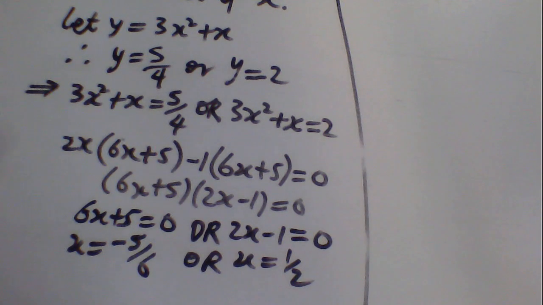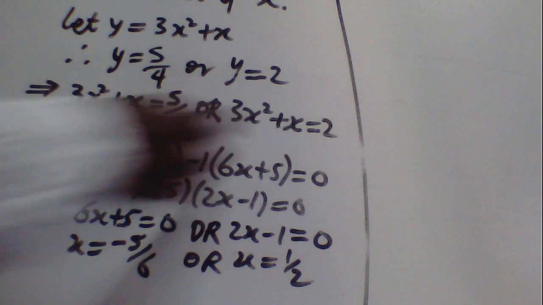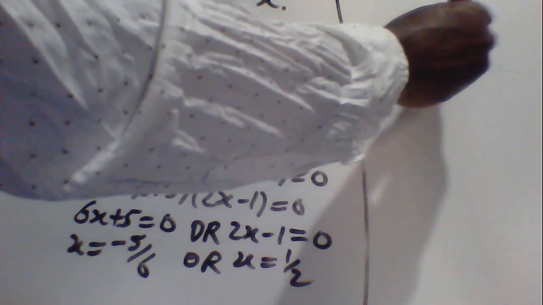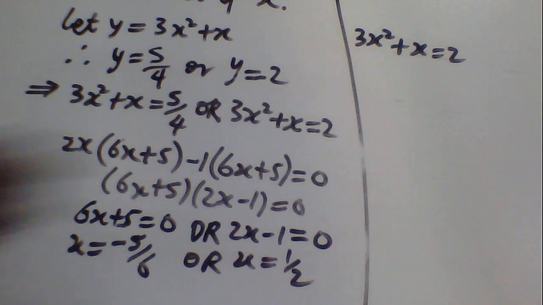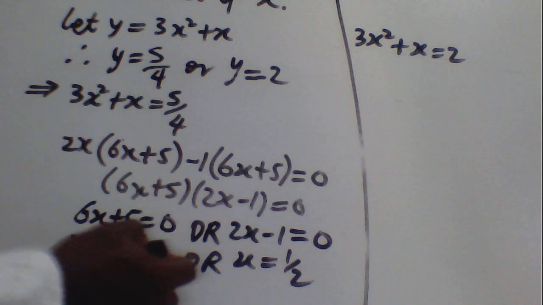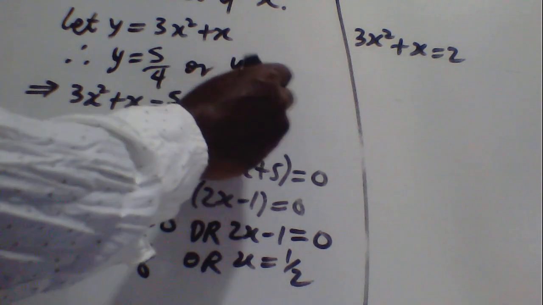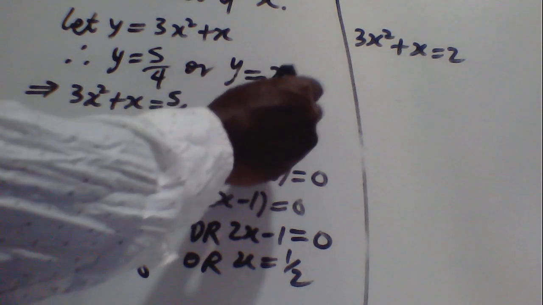So by solving the first equation, 3x squared plus x is equal to 2, we have x is equal to minus 5 over 6, or half.